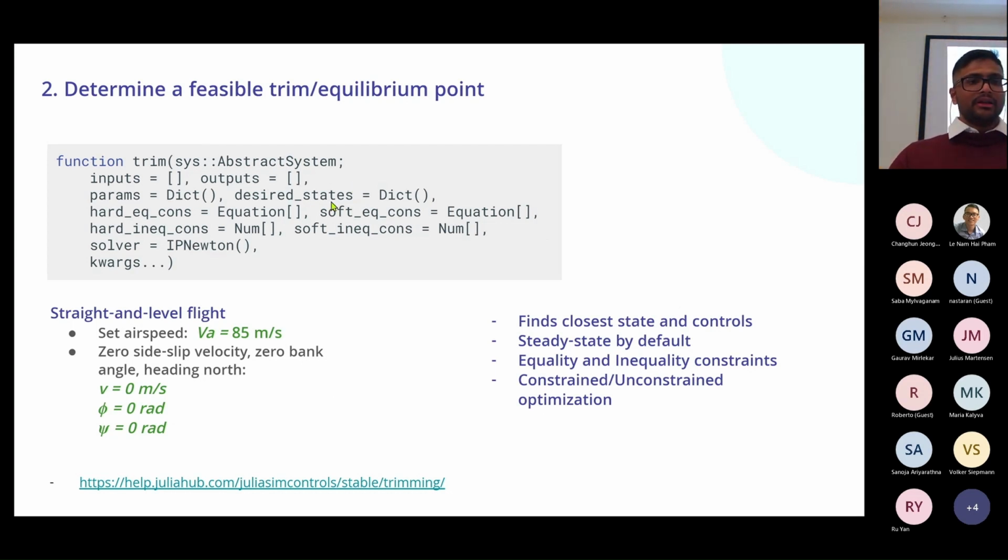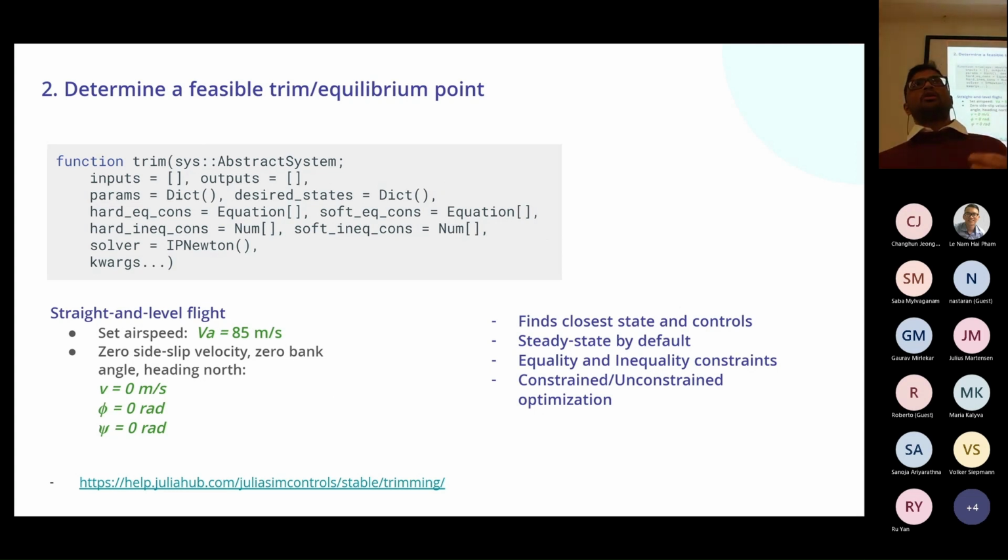Then you pass in a list of parameters and the desired state. In this case, I would like to give a user-defined specification that I want my trim state to be steady state, straight, and level flight. By default, trim gives you a steady state, so the derivatives are set to be 0.